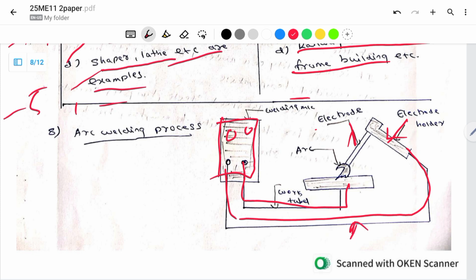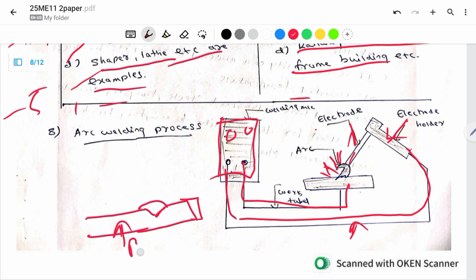So whenever you touch this electrode to the workpiece, there will be a spark generation at the point of contact. At the point of contact, there will be arc generation, because of which heat is produced, and it will fill the gap. Whatever the gap is there, it is filled by melting the base metal also.